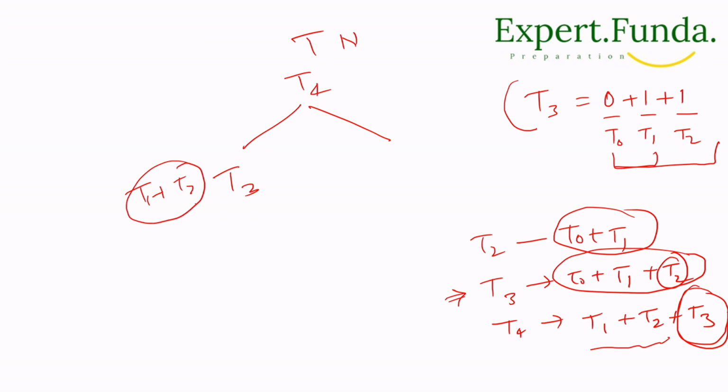This part we would have to calculate, but it is already calculated. So in that place you don't have to write like this, but T0, T1 and T2. This information we have to write. Let me explain again.